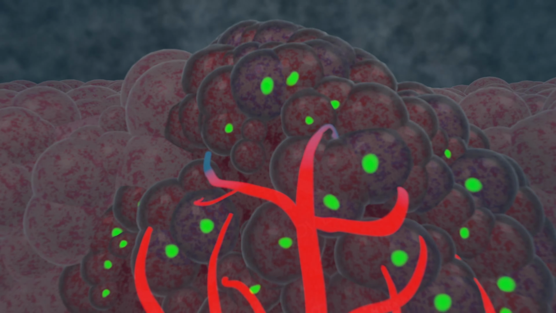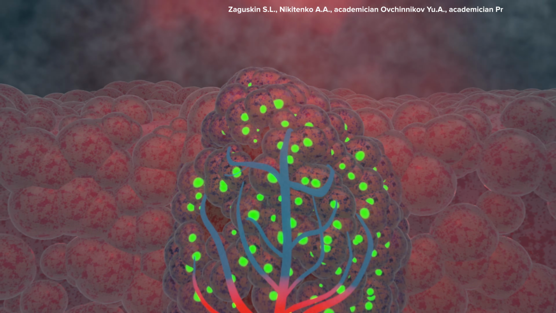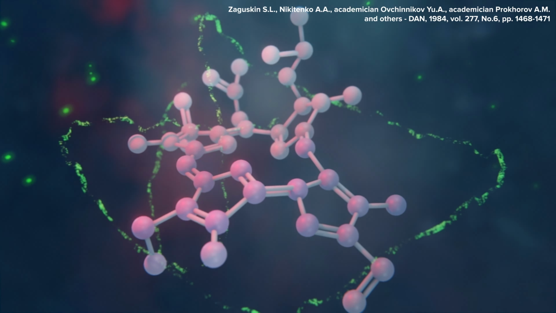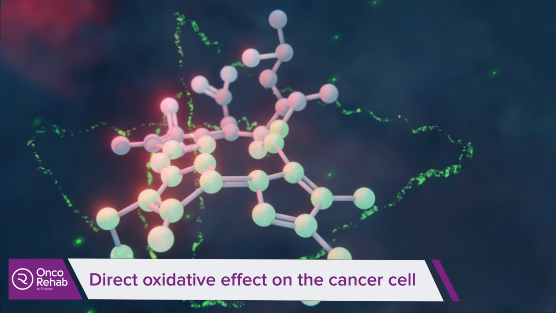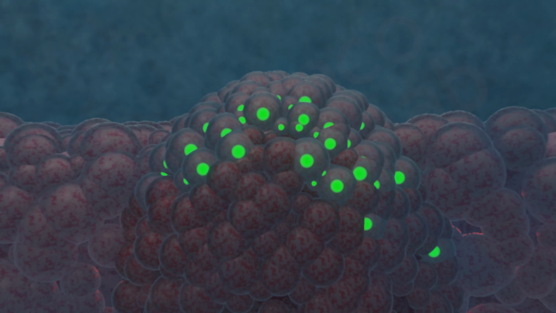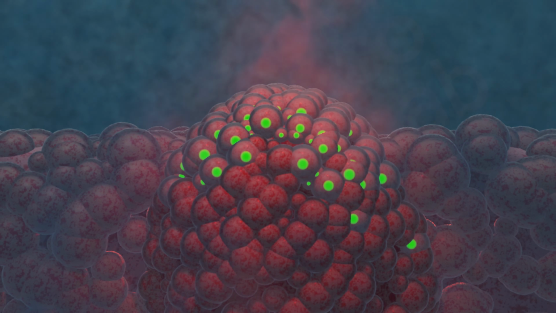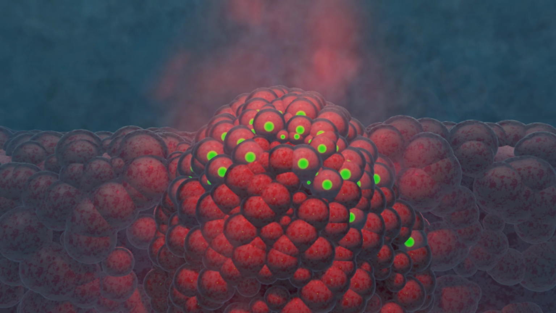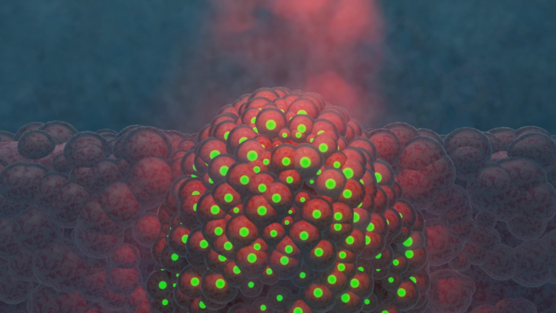Chlorin e6, under the action of a quantum of light, goes into an excited state and interacts with a molecule of a biological substrate, forming free radicals, molecules that provoke the oxidation process, spreading it to adjacent cells. The effect of direct oxidation on the surface of cancer cells is triggered due to the direct toxic effect of the photosensitizer itself.